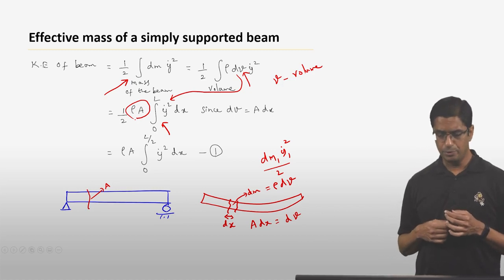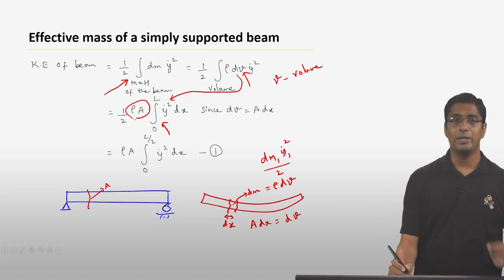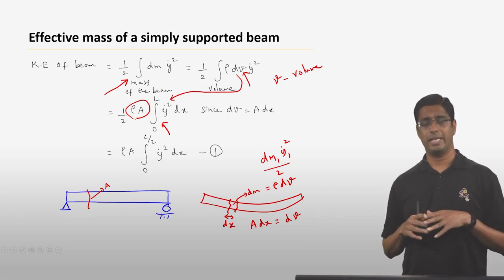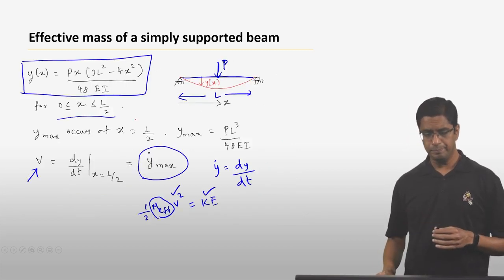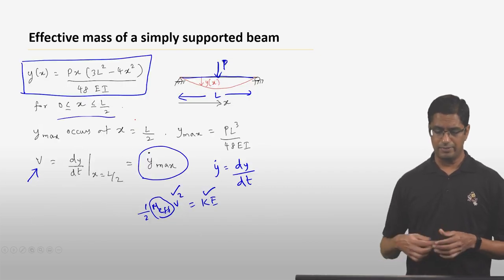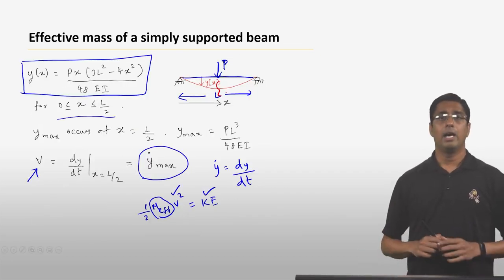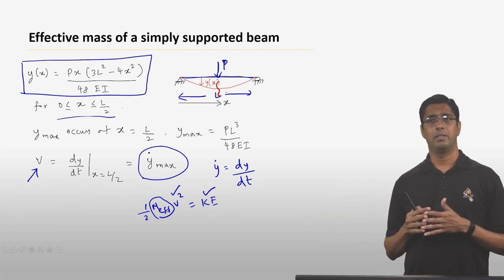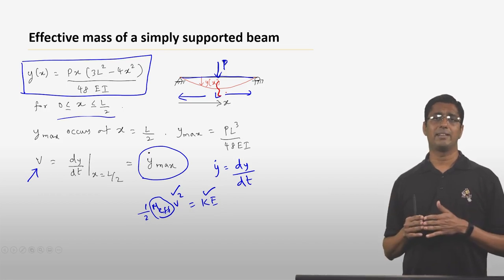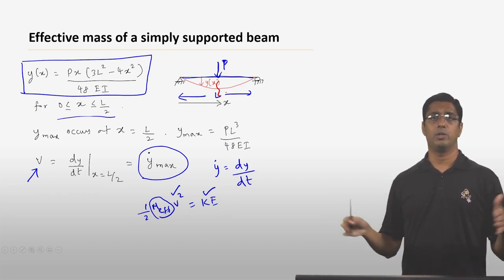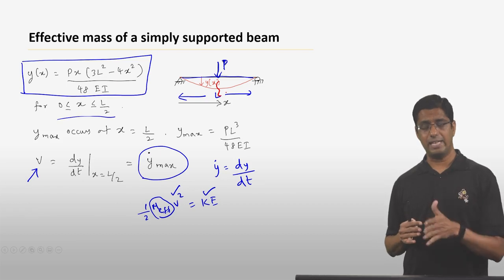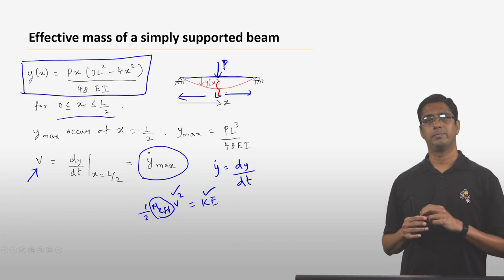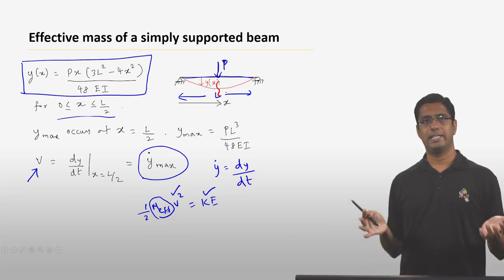Now if you do this further, I can make another simplification. If you think of this simply supported beam, the left half of the beam and the right half of the beam are identical. So instead of calculating the energy for the whole beam, I can calculate the kinetic energy for half of the beam and then multiply it by 2, which gives me the energy of the whole beam.